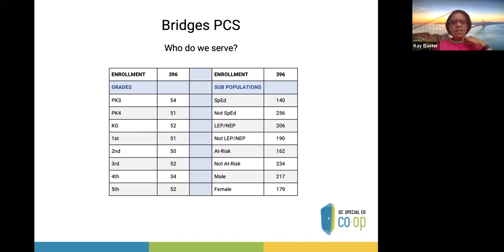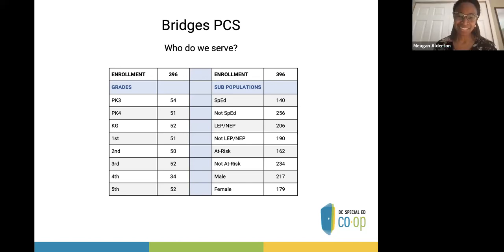It is a very culturally and ethnically diverse student body, and we are trying to make our instructional staff as culturally and ethnically diverse as well. Does that help? Yes, thank you so much for that.